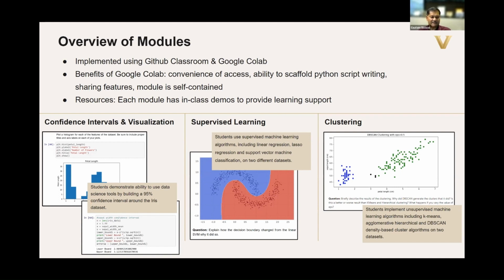For example, if you were to do a program to process some data set, you could provide a lot of the initialization routines, a lot of the structure of what they would have to fill in, and let students just fill in specific details. So this is called a scripting language. This enabled students who did not have a very strong background in programming to still run pretty sophisticated analysis routines. So we use Google Colab.